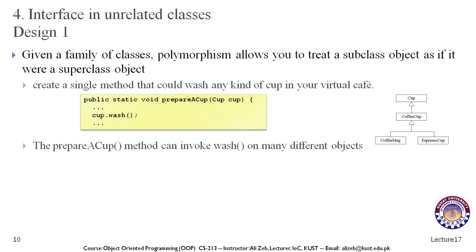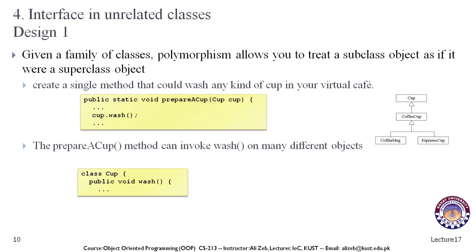Now we create a single method that could wash any kind of cup in, let's say, a virtual cafe. So we pass the cup to this method and it calls a wash method. In this case it is a prepare cup method. It calls a wash method on that object and the object is washed.